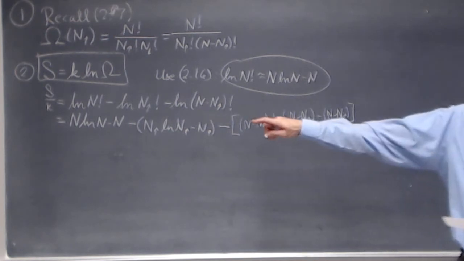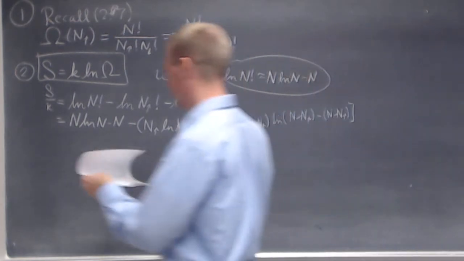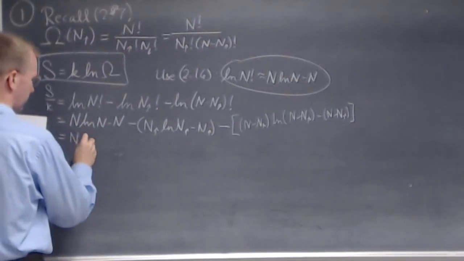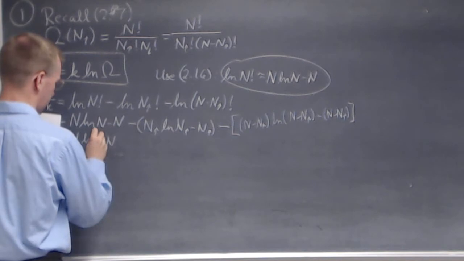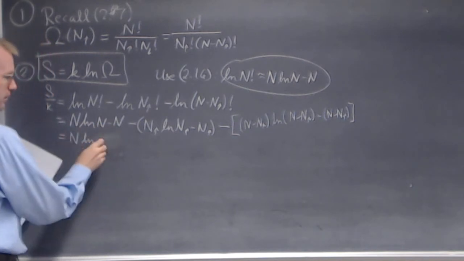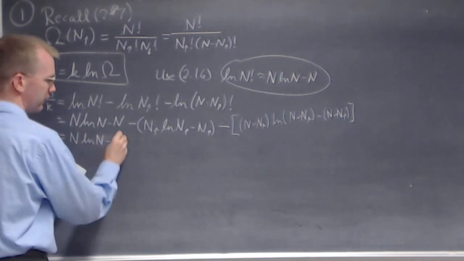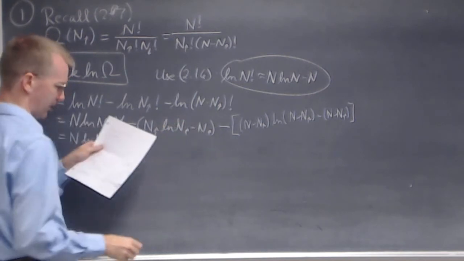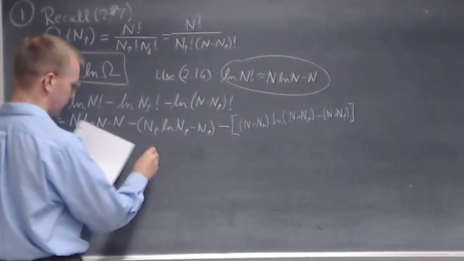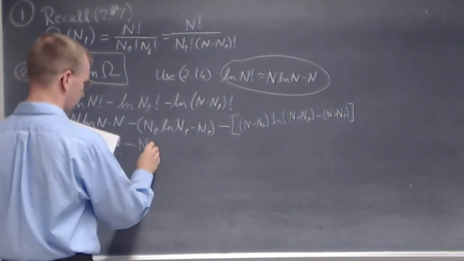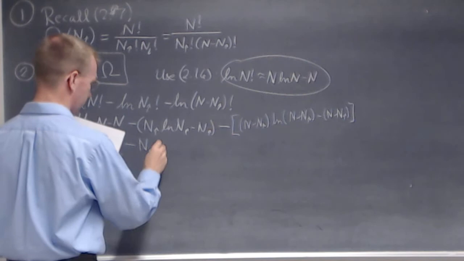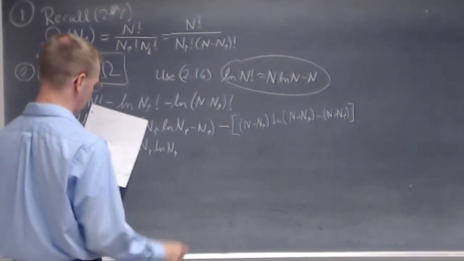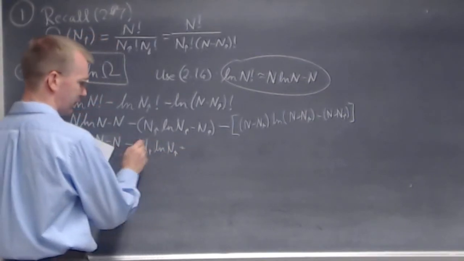Okay. I'm going to distribute these minus signs. So n log n minus n, that doesn't change. Minus, now I'm going to distribute the minus sign here. N log n up plus, some minus sign here.